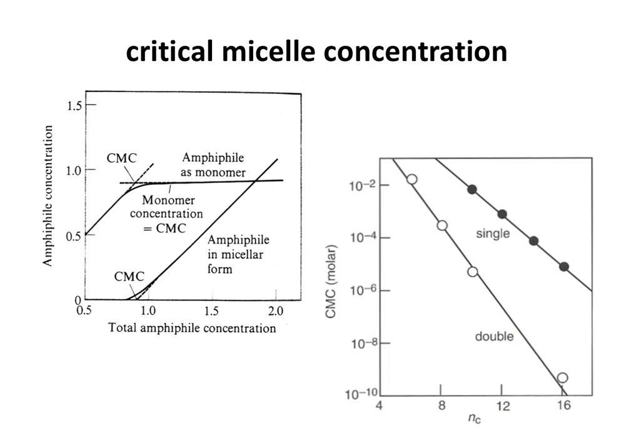The plot is a log-lin plot. That means the CMC depends exponentially on the length of the side chains. Likewise, you see that for amphiphiles that have two hydrophobic side chains, which is typical for lipids of the cell membrane, the curves drop down even further because there are two lipid chains now.